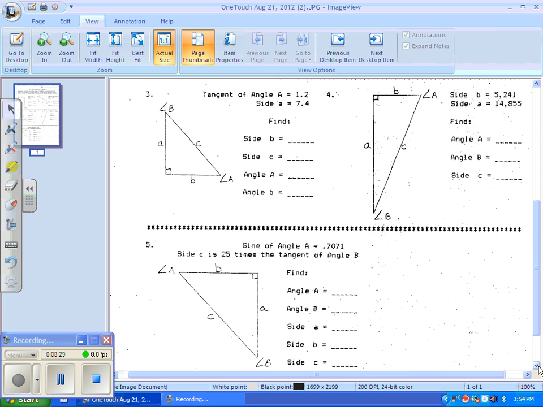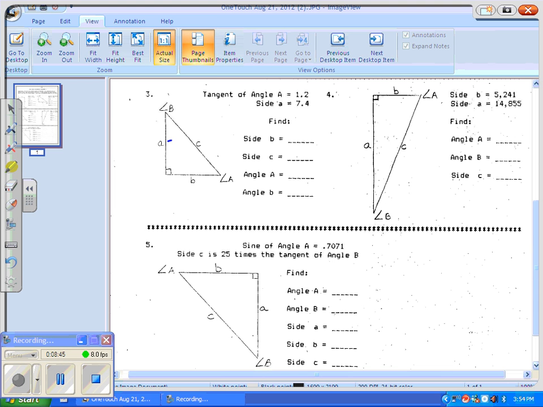All right. Problem number 3. We're given angle A has a tangent of 1.2, and side A is 7.4. As soon as they tell us that the tangent of this thing is something, we say, okay, what angle has that tangent?